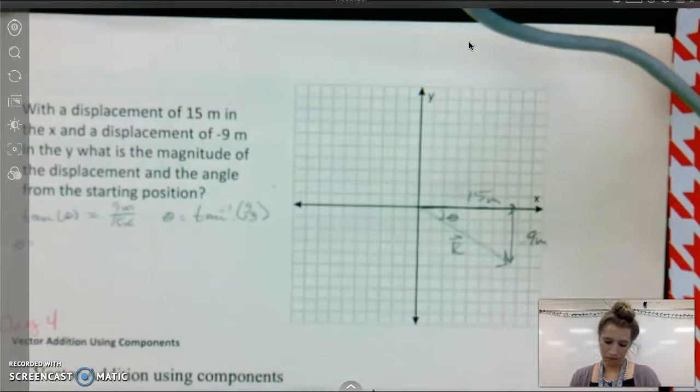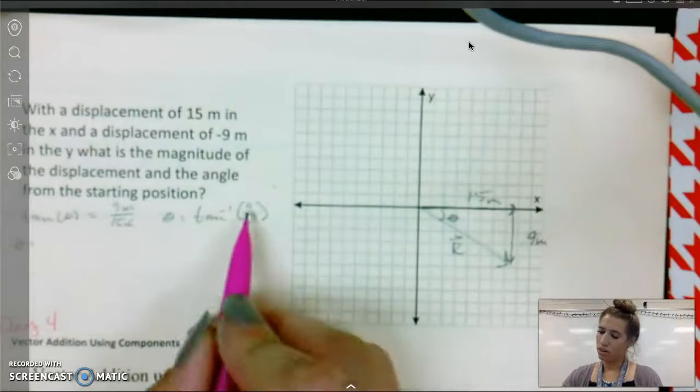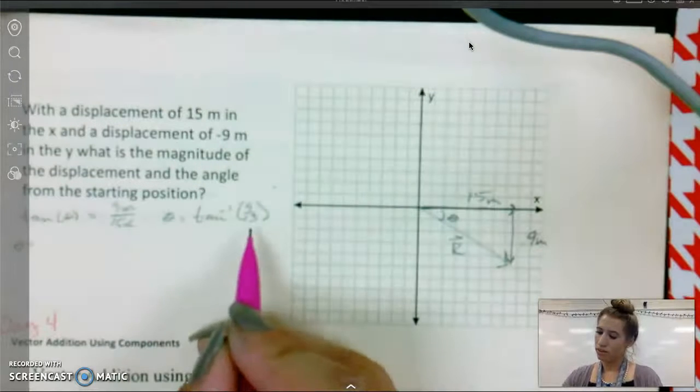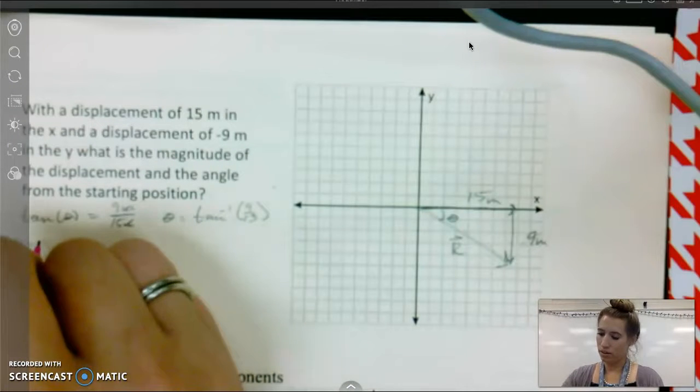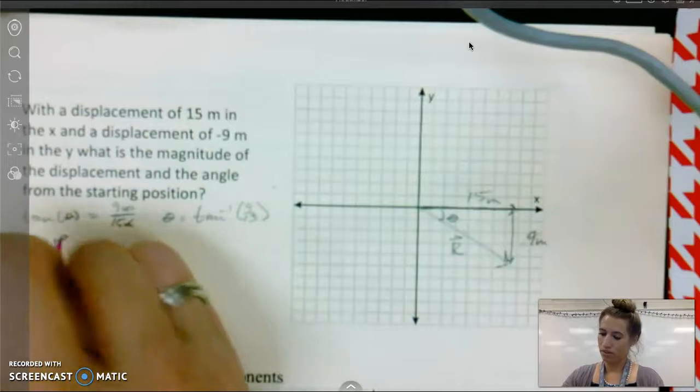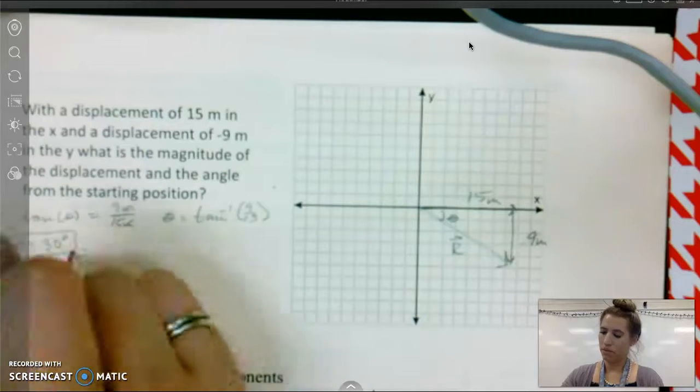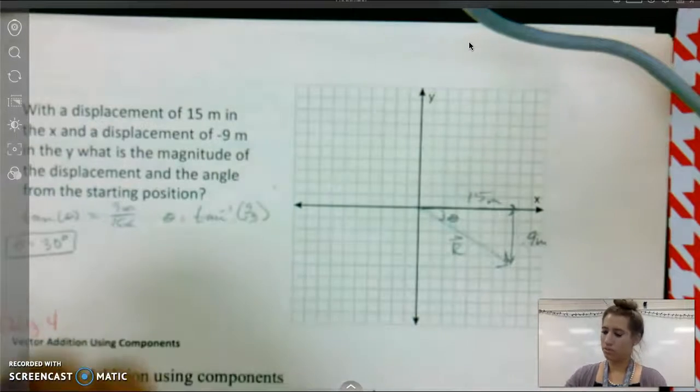That gives .9638. We have 1 sig fig, we have 2 sig figs, so our final answer will have 1. So we have an angle of 30 degrees. Okay, now let's go for the magnitude.